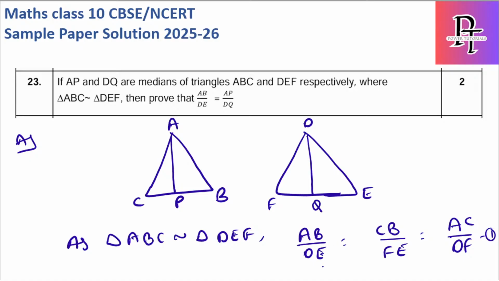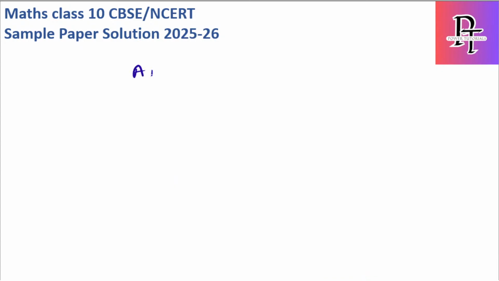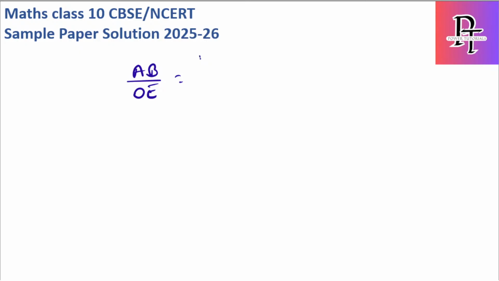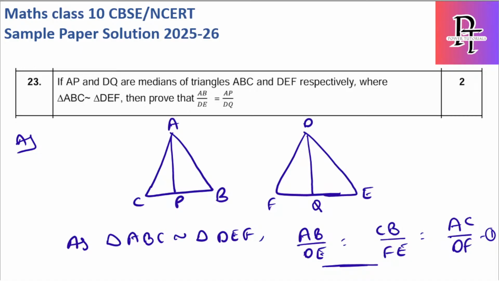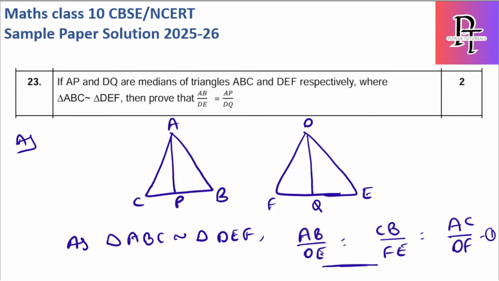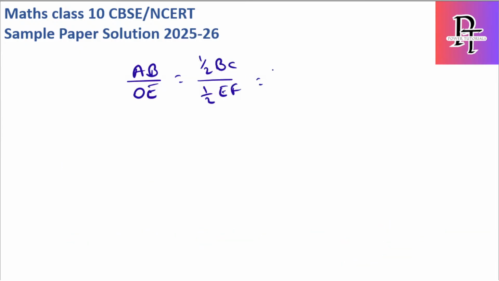So now if I take these two, I can write AB by DE is nothing but half of BC by half of EF, which is nothing but CP and FQ. So this is 2, where I got AB by DE is equal to CP by FQ.